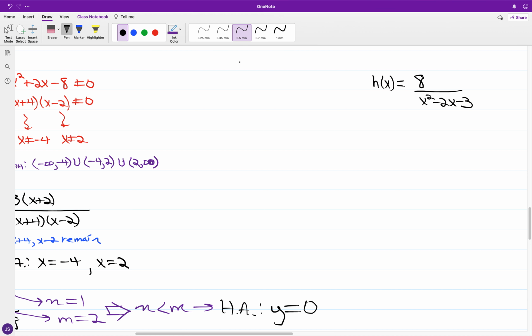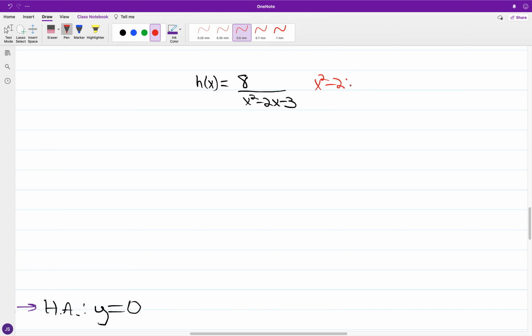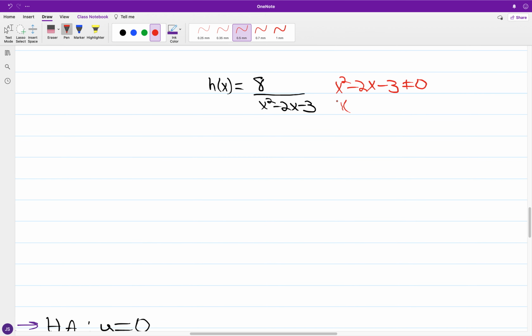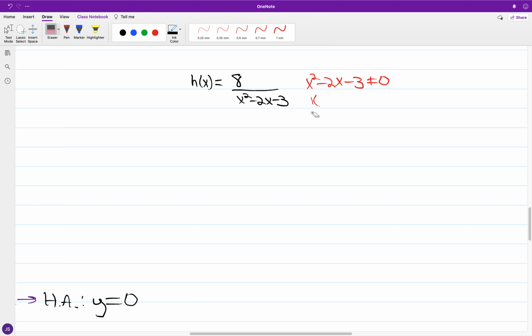And so for what we got, again, for h of x to be defined, we want to have that x squared minus 2x minus 3 cannot be 0. And in the case of factoring, the quantity of x plus 1 times that of x minus 3 cannot be 0.